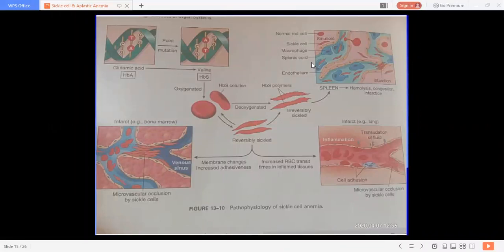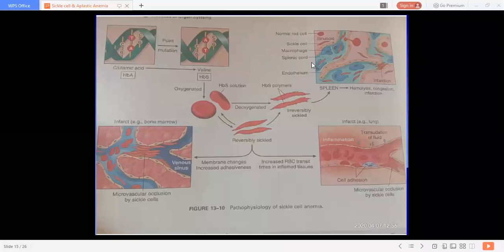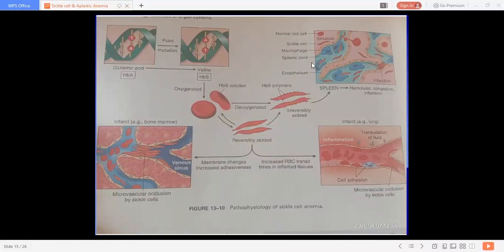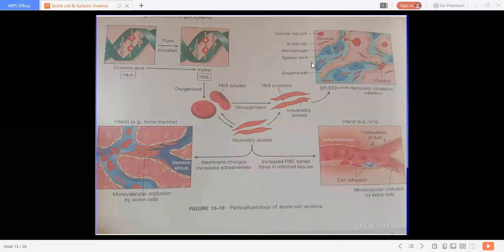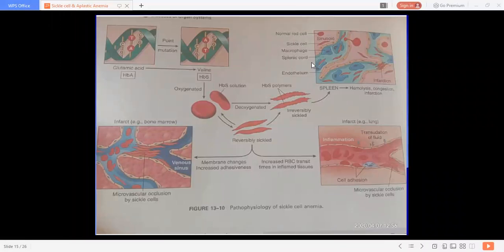They could not flow very easily. The blood flow is not easy, and they cause the stagnation. Okay, sludging in the microvasculature will give rise to ischemia, then infarction, hyposplenism, that is infarction of the spleen, and later on osteomyelitis.